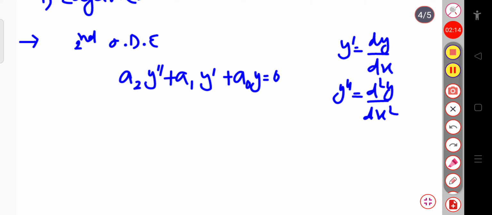So there are two types of point. If we consider the ordinary point, how do you check whether an ordinary point of this equation exists or not? This is equation 1.